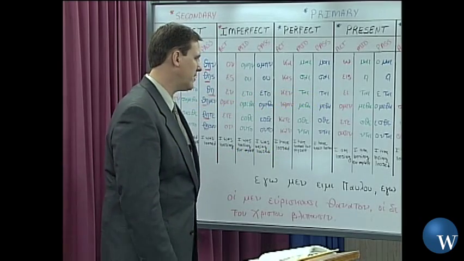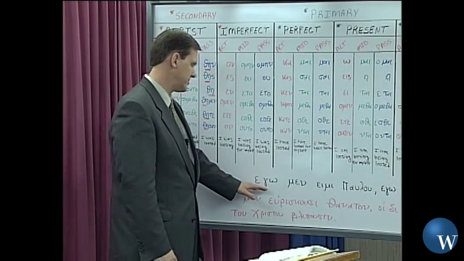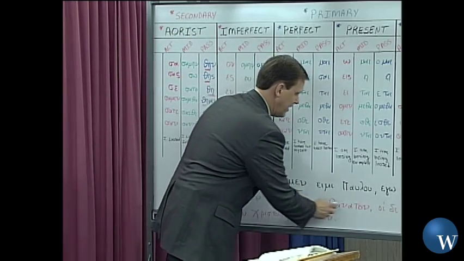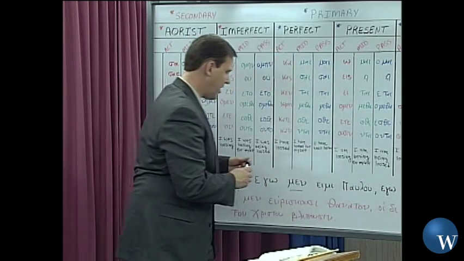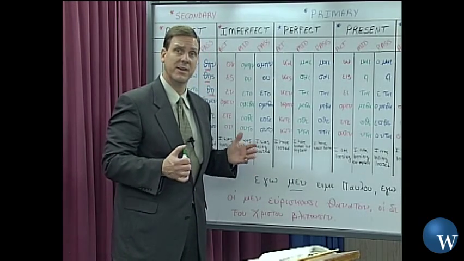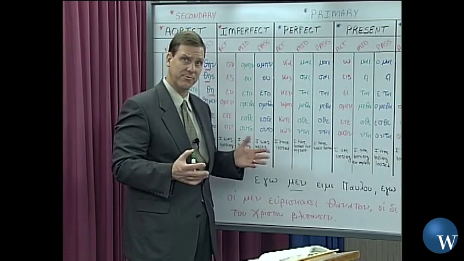And notice over here on the board that I have written a couple of sentences with the use of men and de. Men and de are used in reference to contrast, to show a comparison and a contrast with something.